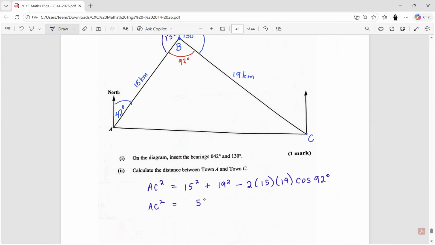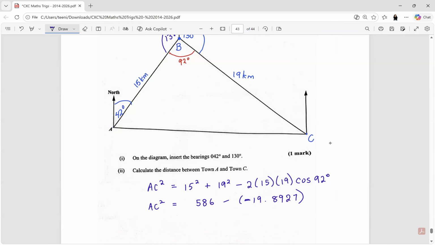I got 586 minus 2 times 15 times 19 times cos of 92, which is negative 19.8927. I'm taking it to 4 decimal places because the more decimal places you round off to, the more accurate the answer is.